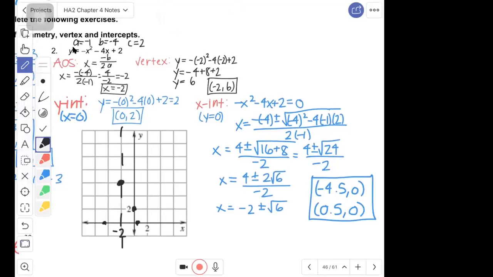What other point can I plot by using the axis of symmetry here? Gabby Soul, what other point can I plot looking at the axis of symmetry?